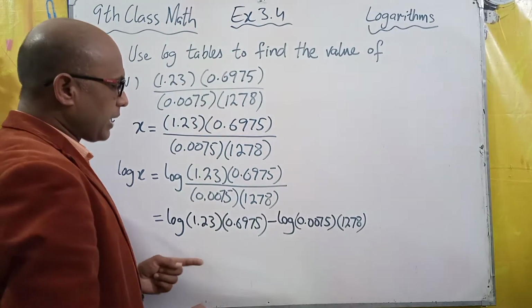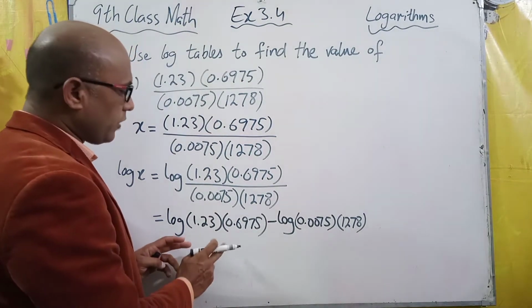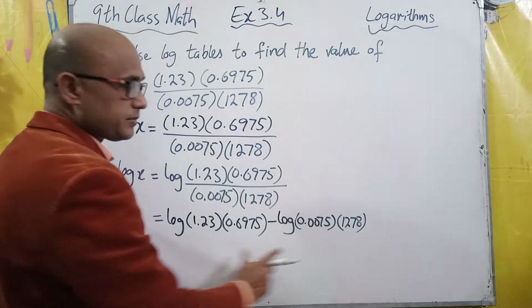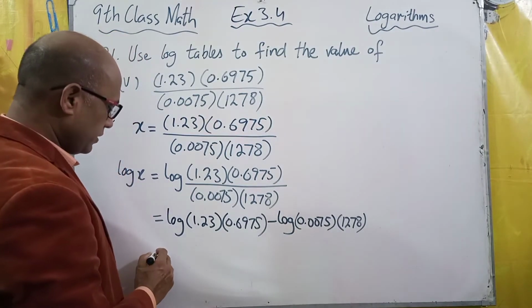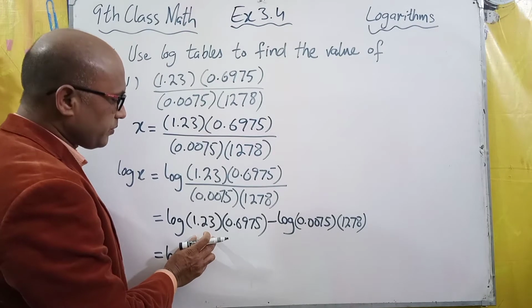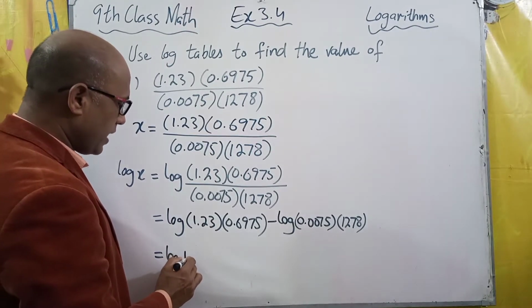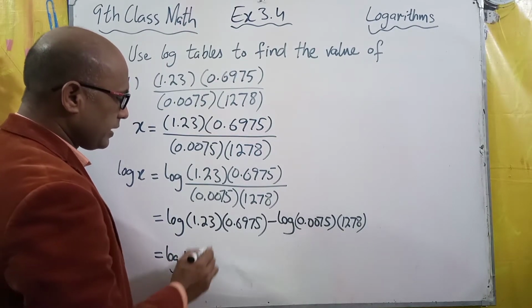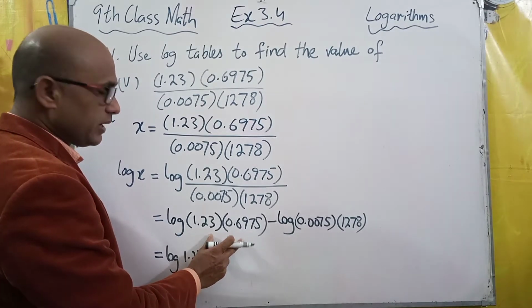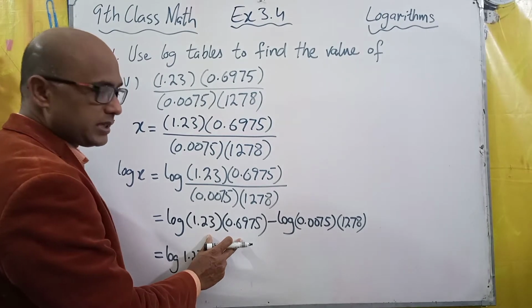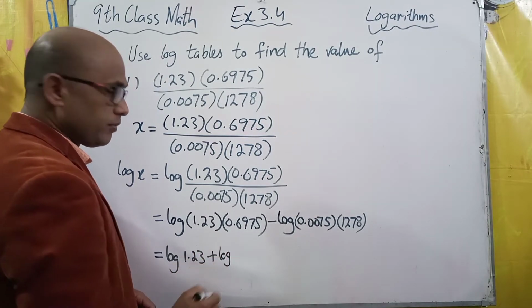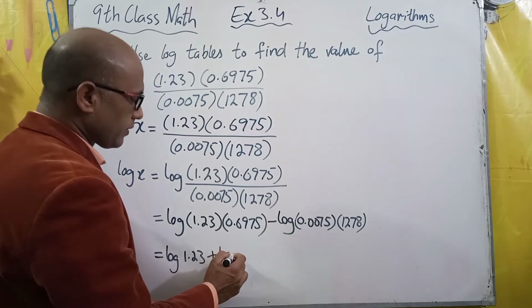Now, we'll apply the first law of logarithm separately in these two terms. So, students, log with this number 1.23, and then they are multiplying. When the first law is applied, there will be a plus sign between both logs.